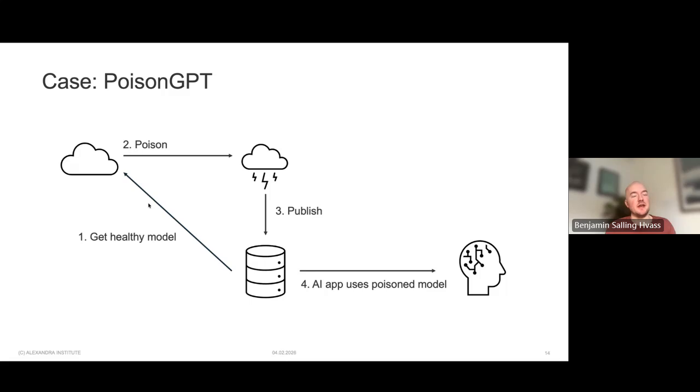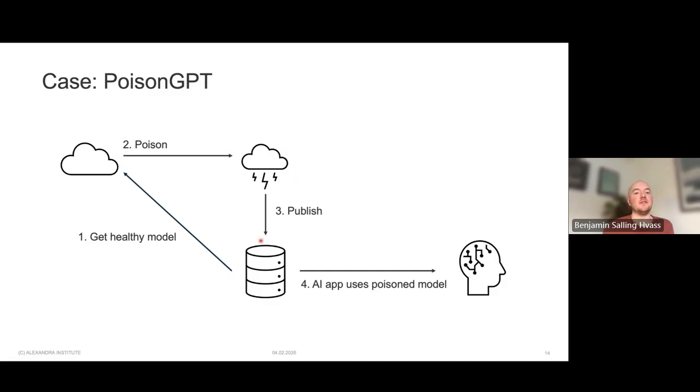One case of this was some researchers who made this case called Poison GPT. What they did is that they went to a public repository of models, such as Hugging Face, downloaded this model, and then they poisoned it in the sense that they very surgically changed some of the weights such that it behaved in a way that they wanted.